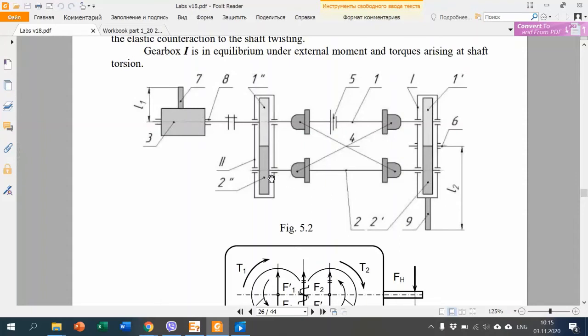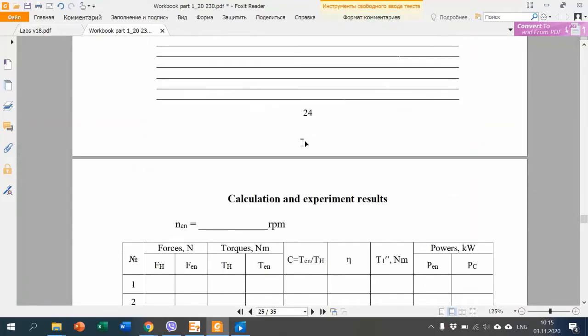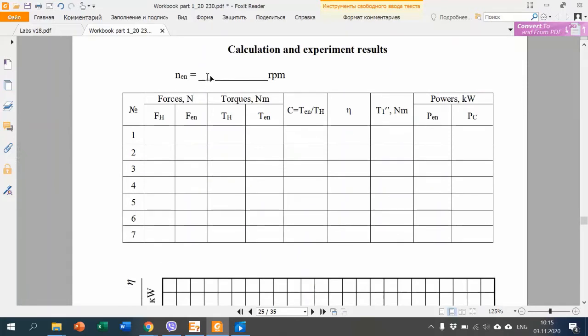At the same time, when we change this force, we should fix the value of the force which acts on distance L1, and fix these values in our report. Engine rotational speed is 1410 revolutions per minute.